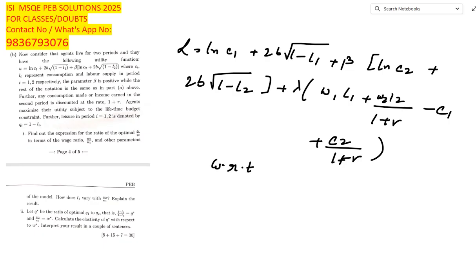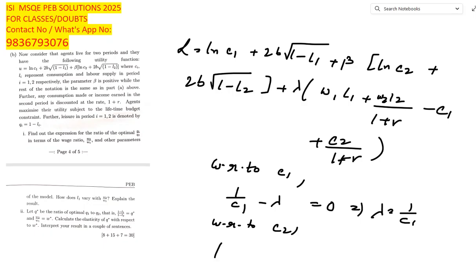With respect to C1, it will be 1 by C1 minus 0, or this is 1 by C1. And with respect to C2, it will be beta by C2 minus 1 by 1 plus R is equal to 0.